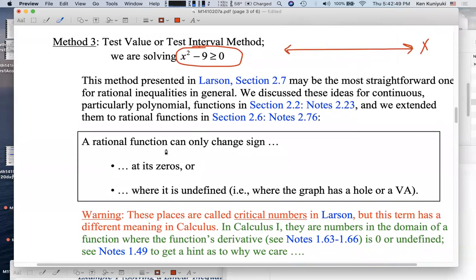Now, a rational function can only change sign at its zeros, at the real zeros, which correspond to the x-intercepts, or where it's undefined. That is, where the graph has a hole or a VA.